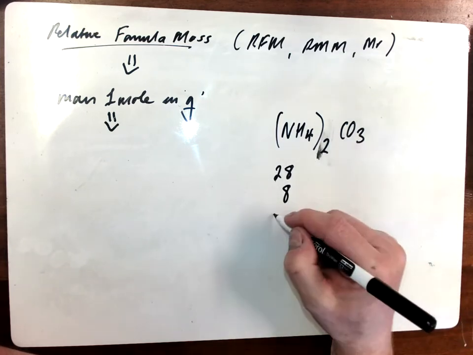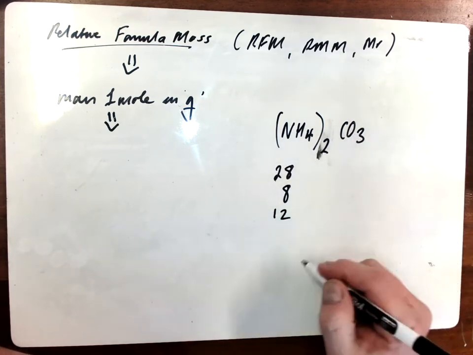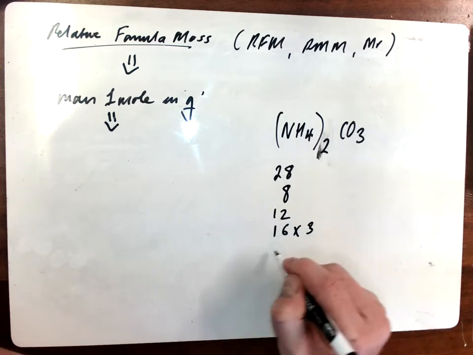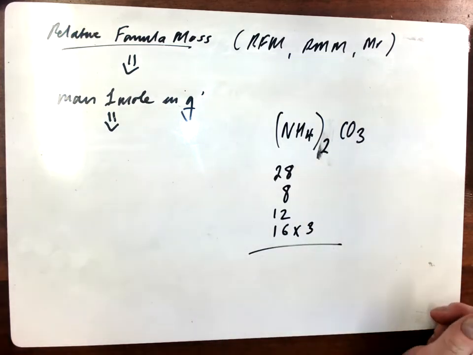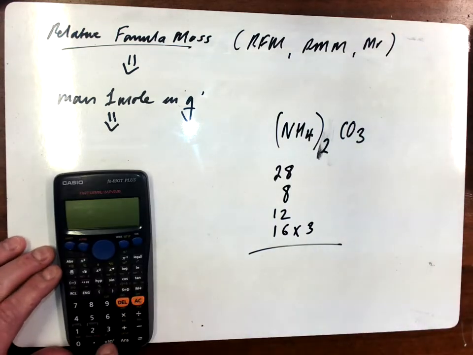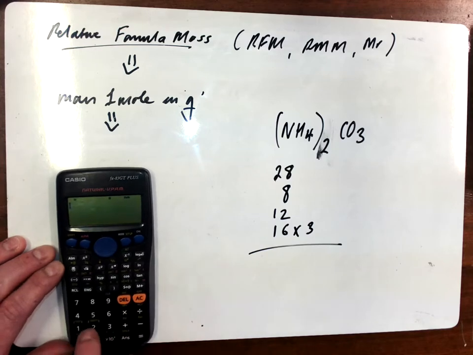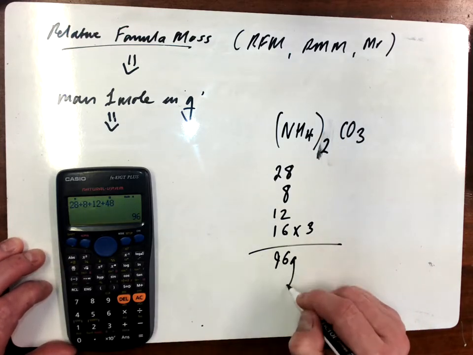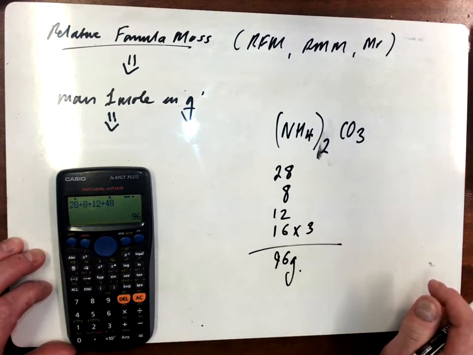We have a carbon at 12, and we have 3 of our oxygen, so we have 16 times 3 in that case. So we've got 28 plus our 8 plus our 12 plus 48, which gives me an RFM of 96 grams.